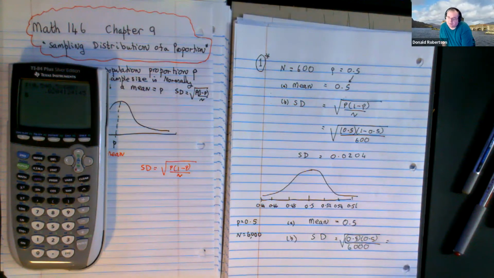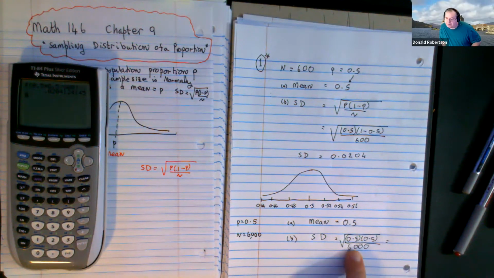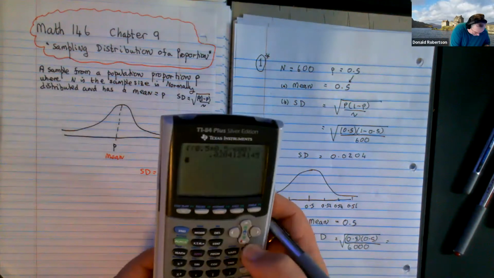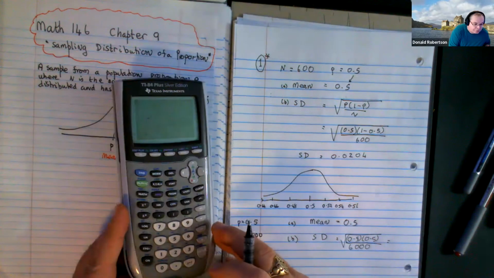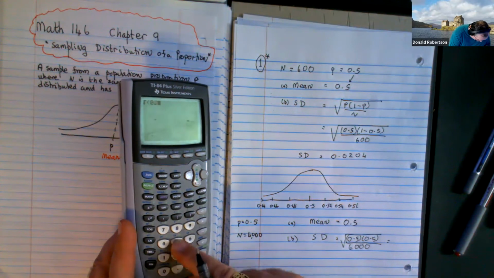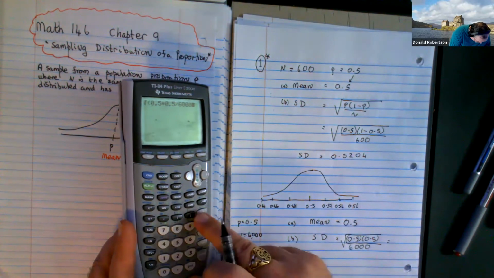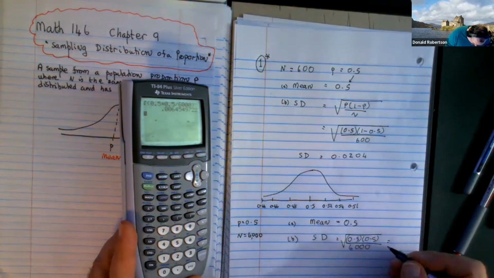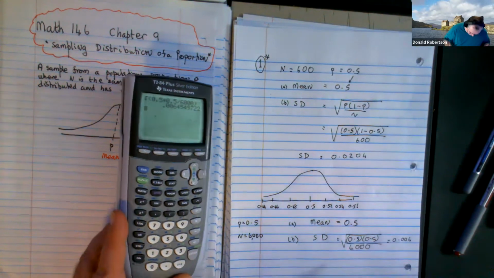What will it be? Smaller. Right, agreed. If you divide by a bigger number, your answer is going to be smaller. And just so we have a number to work with, let's find out how much smaller it truly is. It's the square root of 0.5 times 0.5 divided by 6,000. And the answer we get is, I'm just going to call it 0.006.